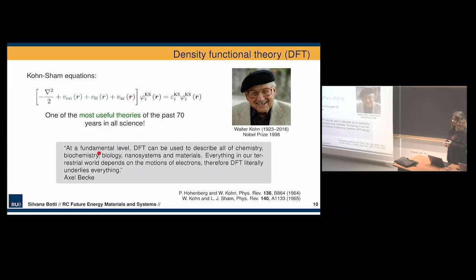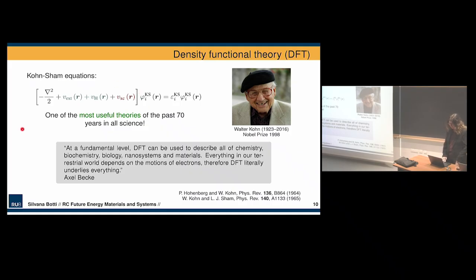So the theory itself is old, but it is used more and more, and the community keeps growing. It is used in different fields, not only in solid state physics, which is what I'm talking about, but in many other fields of science.